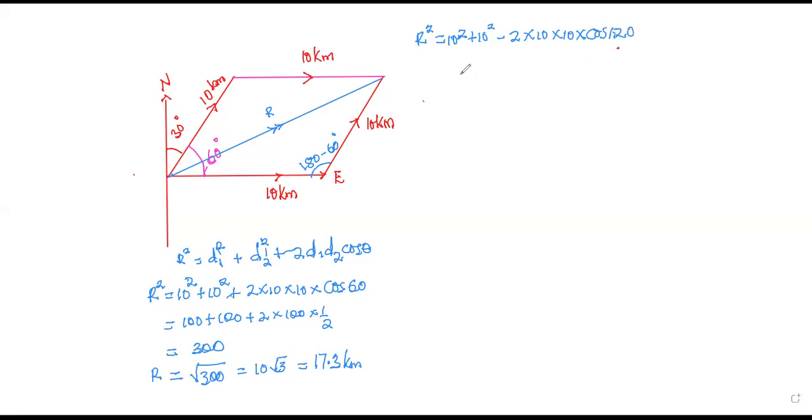Since cos 120 is negative half, the value is the same. When you sum everything up, you have 300. So your resultant is still equal to the square root of 300, which is 10 root 3.